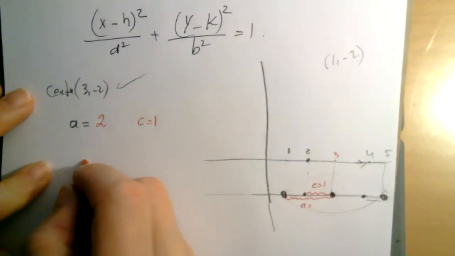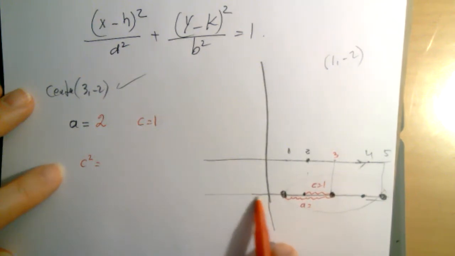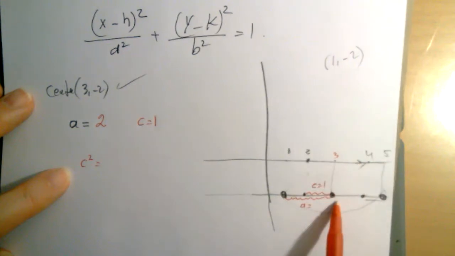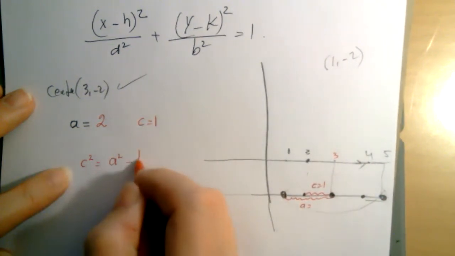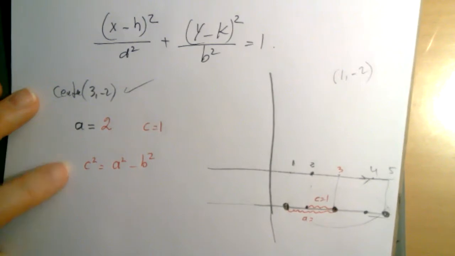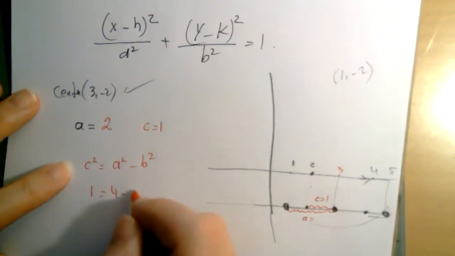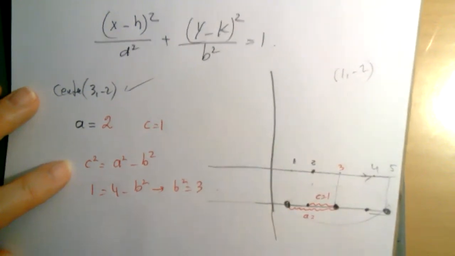b is easy. What is b? We know that c squared is, in this case, because the foci are on a line parallel to the x-axis, it means my a is bigger than b. So c squared is going to be a squared minus b squared. So we have 1 equals 4 minus b squared, giving me b squared equal to 3.